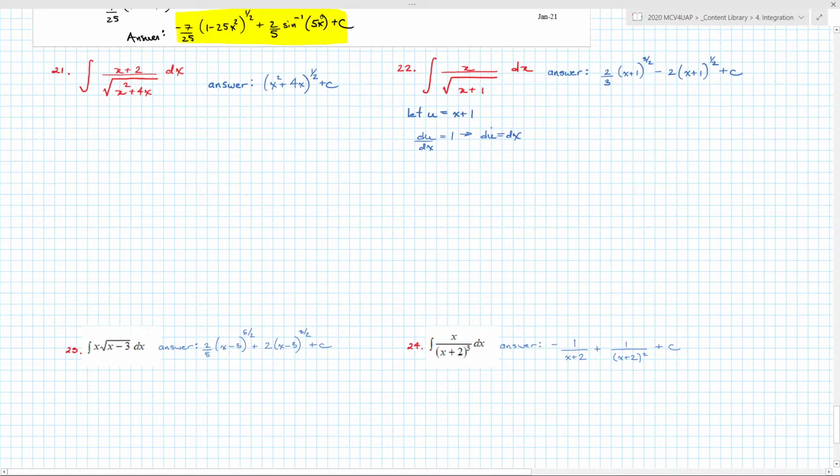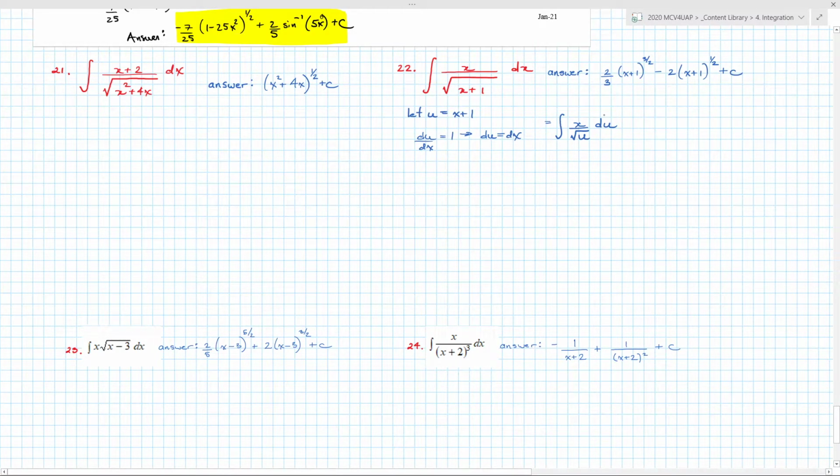So now if I try to make this integral in terms of u, I would get the integral of x over the square root of u times du. Right? dx just becomes du. The square root of x plus 1 becomes the square root of u.